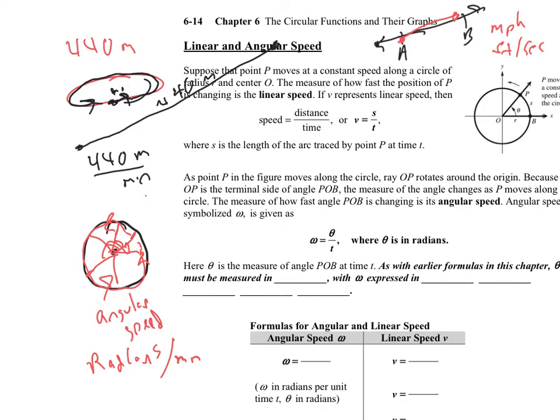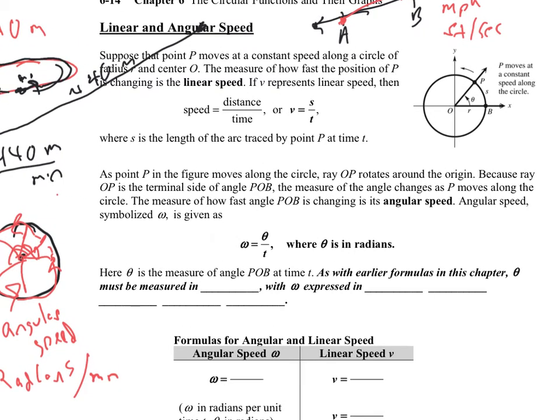Two formulas we're interested in. Distance divided by time. 440 meters in 1 minute was your linear speed. We call that velocity. It's the distance you traveled. There's my S, and it could also measure the arc over time, where S is the length of the arc traveled by point P at any time.